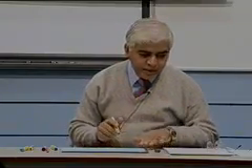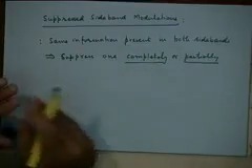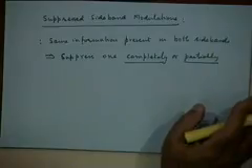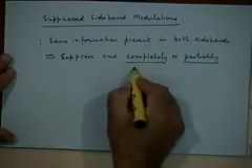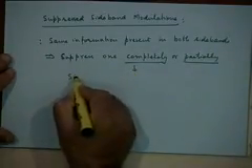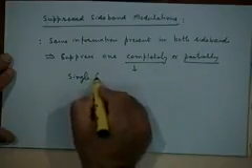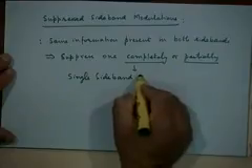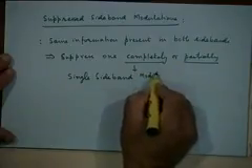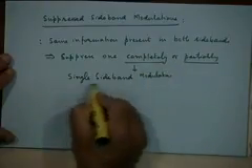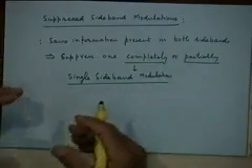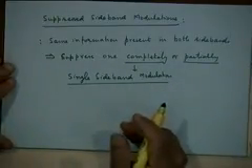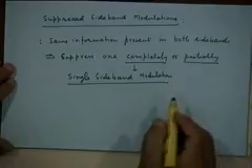Okay. So when we suppress it completely, basically one of the two sidebands goes, and that leads to what is called single sideband modulation, because you are either transmitting the upper sideband or transmitting the lower sideband.